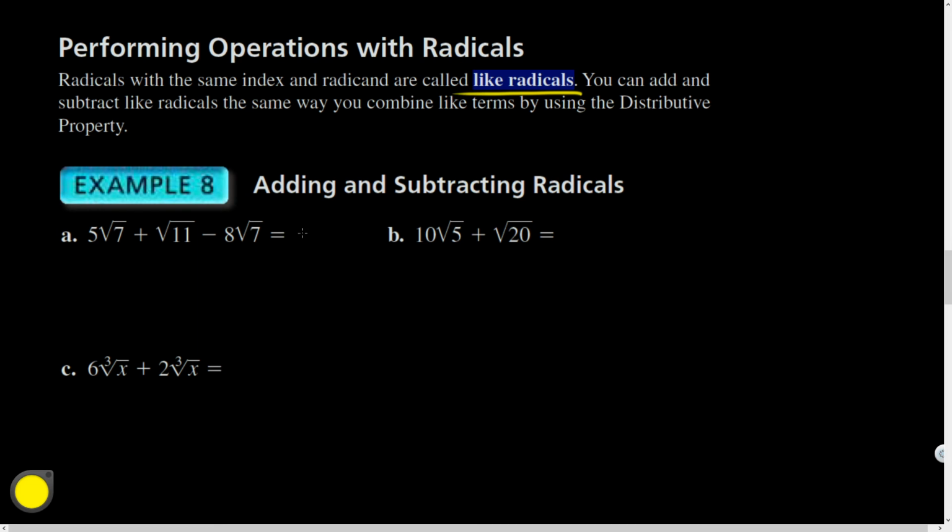And so if I'm adding or subtracting radicals, like radicals or like terms are going to have the same index and radicand, same tiny number outside the radical and the same insides. And so if I wanted to add these together, I've got 5 rad 7s minus 8 rad 7s.